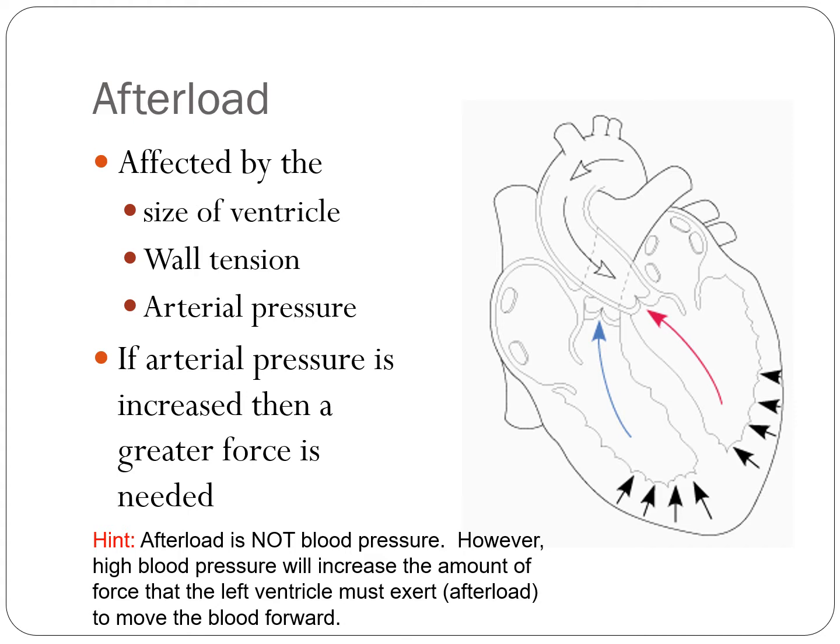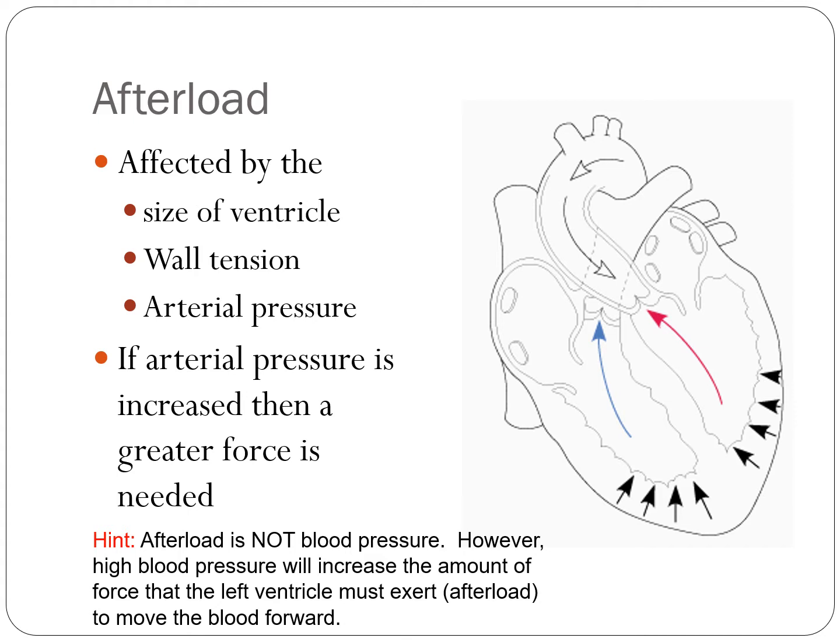Frequently, this pressure in the aorta and the peripheral arteries that the left ventricle has to work against to get the blood out is referred to as resistance: how much resistance the ventricle has to overcome to pump blood out to the body. Afterload is affected by several different things, including the size of the ventricle and the wall tension.